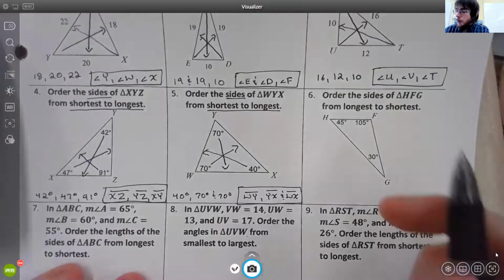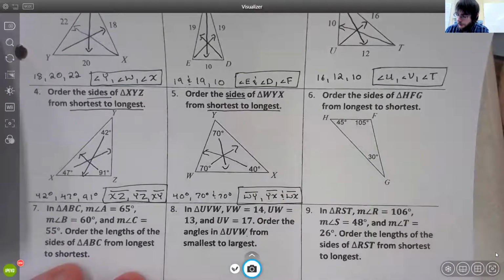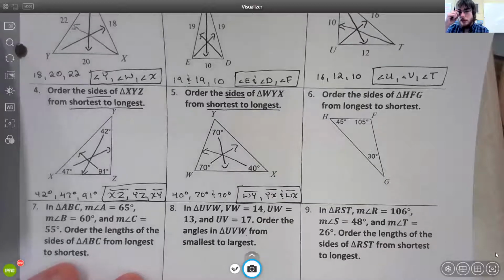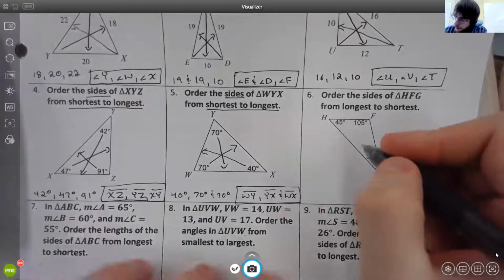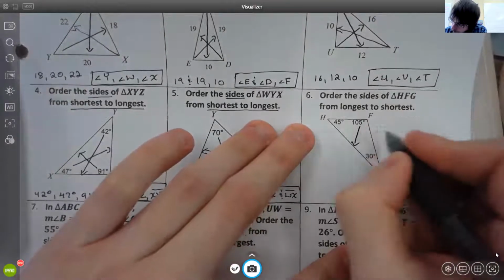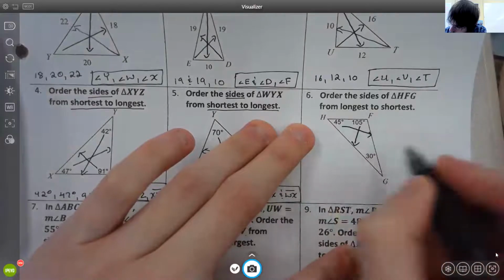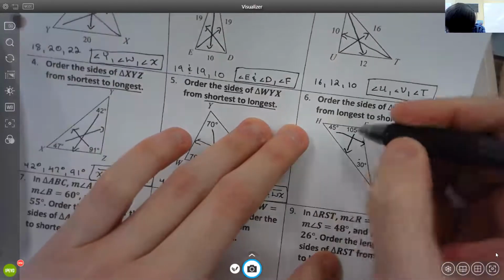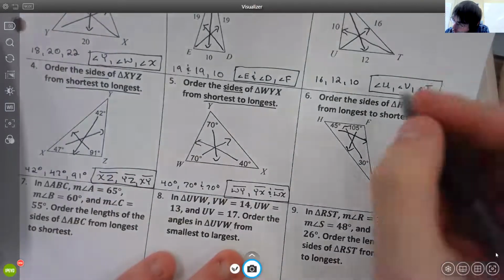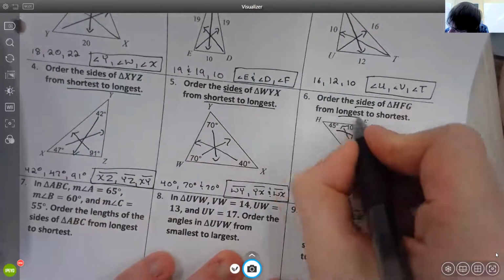So what I want you guys to do is try number 6. Okay, try number 6. All right, so number 6, I'm going to draw my arrows here. And then this one has to kind of go between those two. Okay, so it wants the order of the sides from longest to shortest.